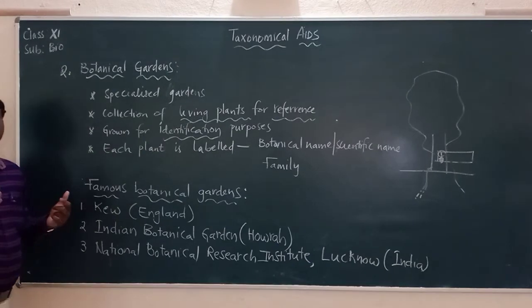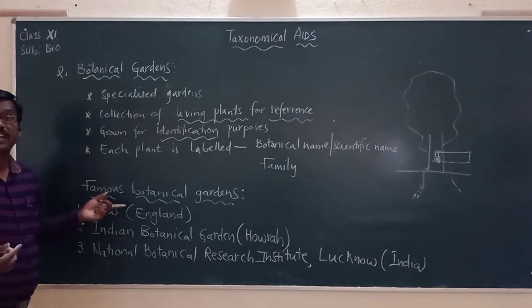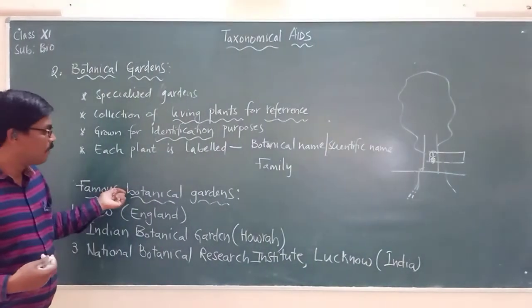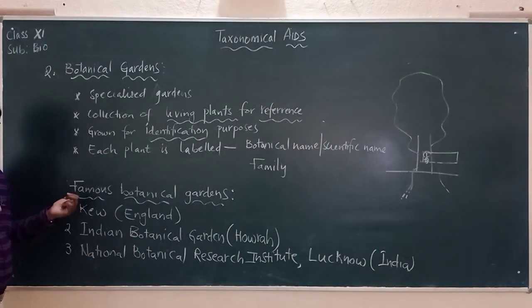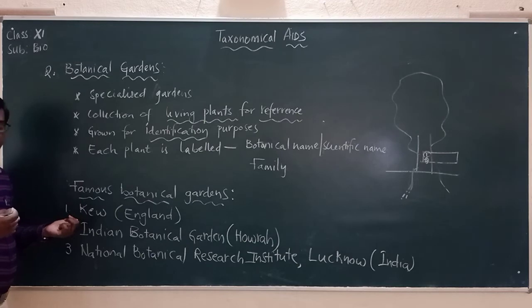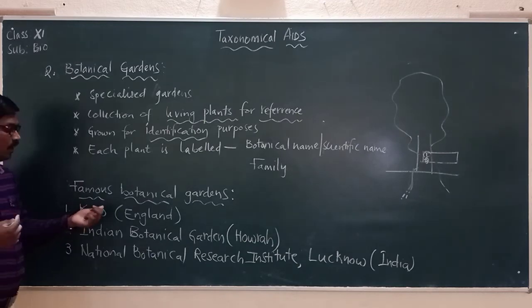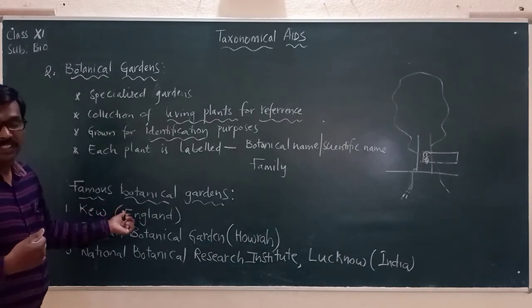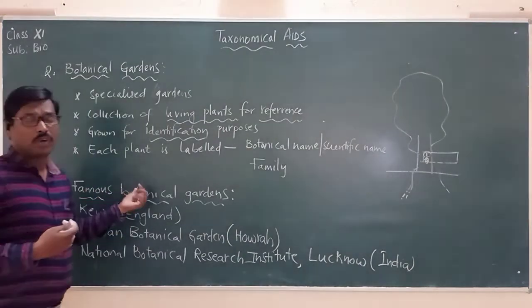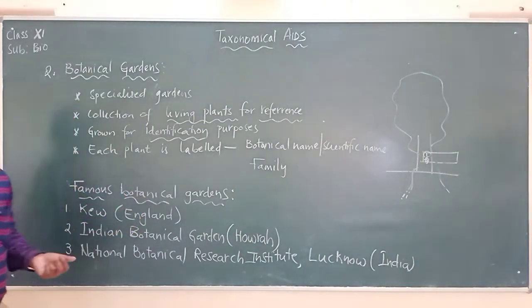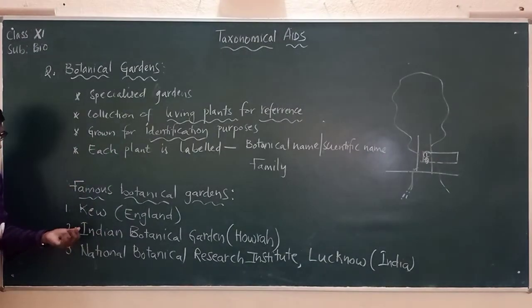And we can come across famous botanical gardens. The most famous botanical gardens are, first, Kew, which is present in England. Kew is the most famous botanical garden in England. In India, there are two very famous botanical gardens.